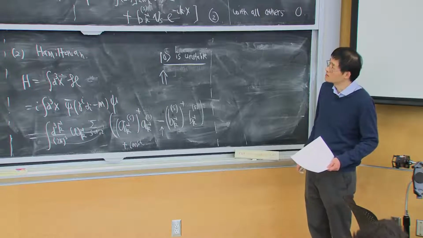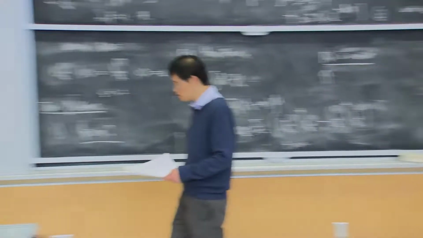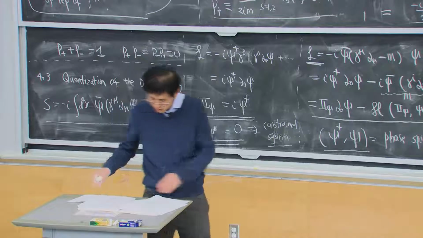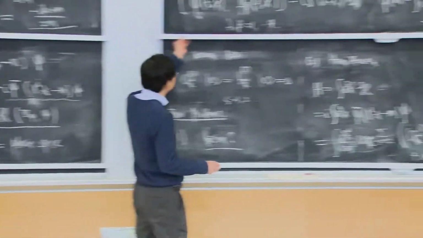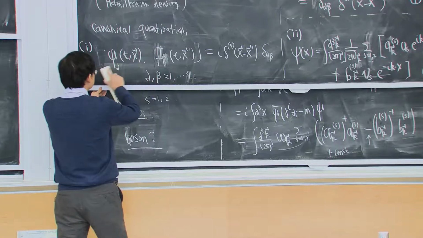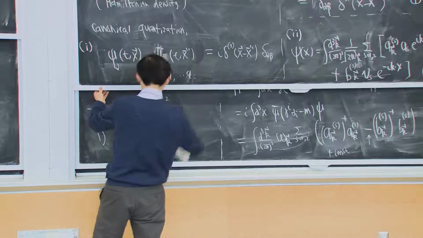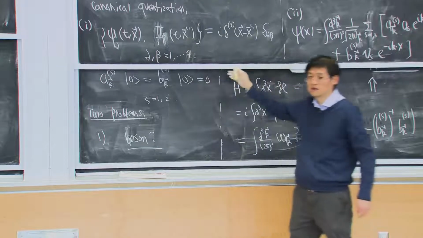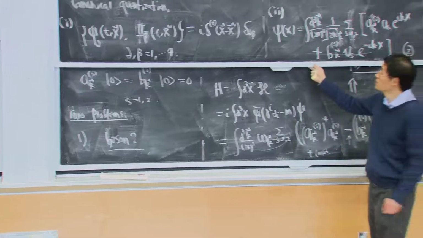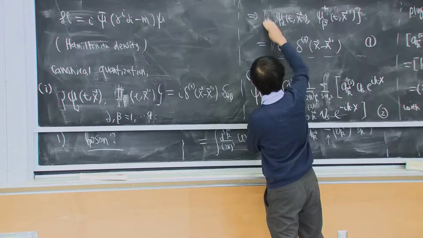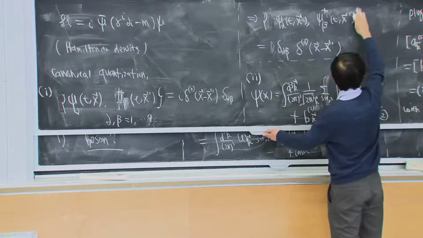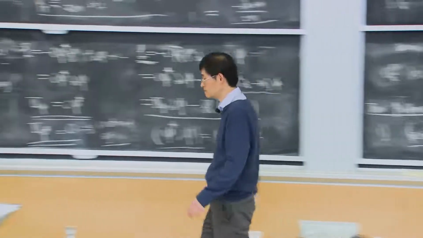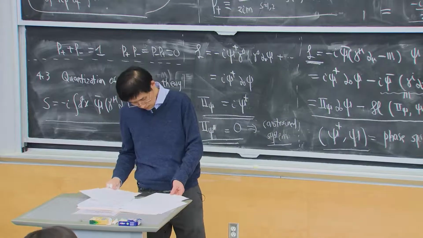He recognized that if you don't use the standard commutation relation, and instead of the commutator you change it to the anti-commutator. Remember, this curly bracket means anti-commutator. Still with the same thing.